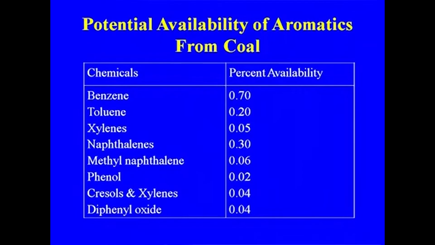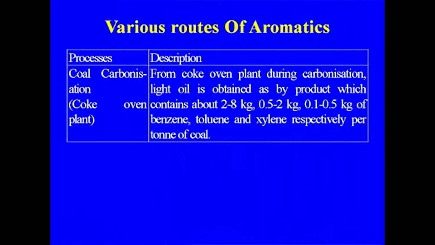You see, we were talking about aromatics from coal, one of the various products you get from the coal carbonization unit. The yield of benzene, toluene and xylene is much less than what you get from petrochemicals, and that is why I gave this figure: 2 to 8 kg benzene, 0.5 to 2 kg toluene and 0.15 to 0.5 kg xylene.